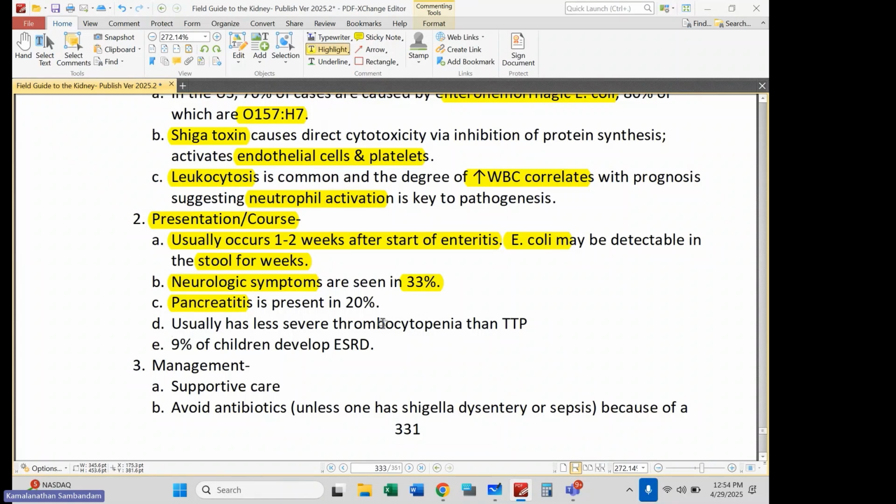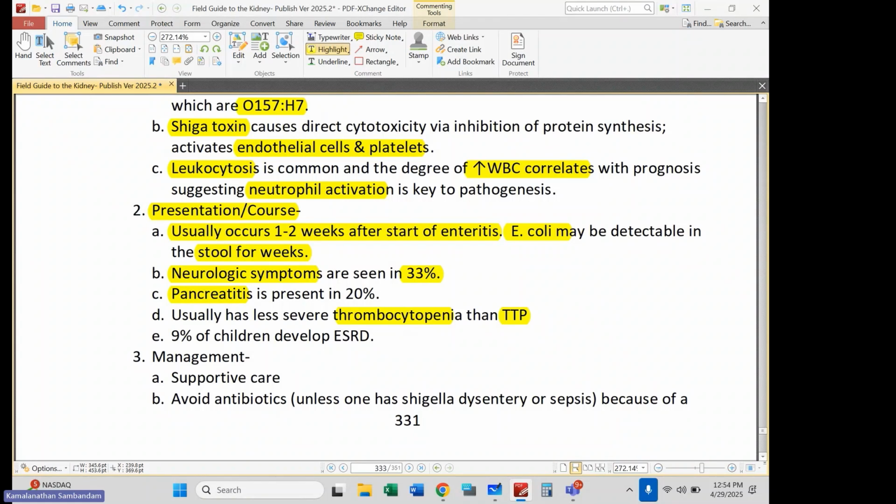Now, thrombocytopenia is usually severe, but is less severe than TTP. TTP often has lower platelet counts, and we'll see that when we're describing the PLASMIC score when we talk about TTP, a risk score that predicts the likelihood of dealing with TTP.